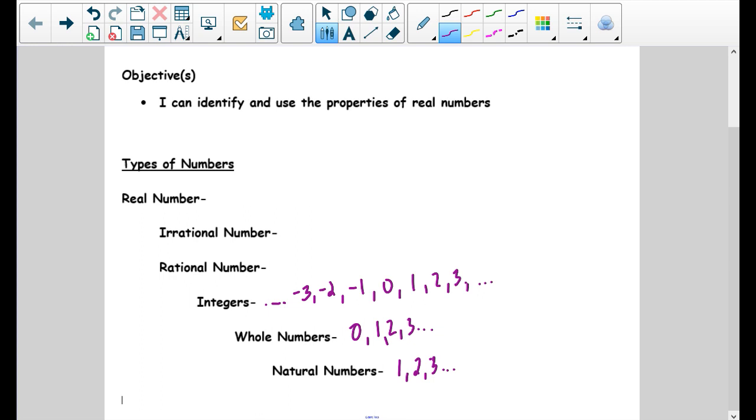Then rational numbers. Again, I'll include all of these, plus what kind of numbers? Repeating decimals, something like 3.3 repeating.